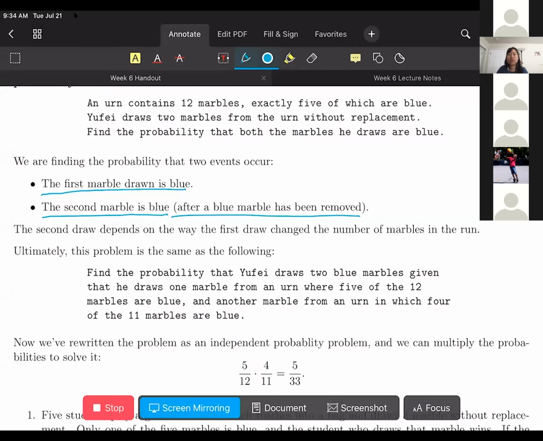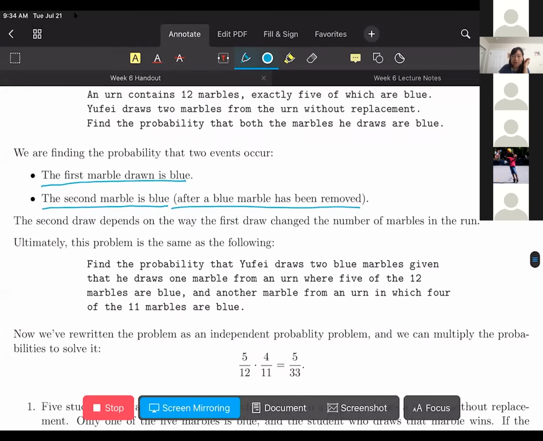Initially he's drawing 2 things from the same urn, and once he draws one, that affects his second draw. If we reframe the problem as one urn and then another urn, then those are independent events, and we can use the multiplication principle we learned above to get the final probability.